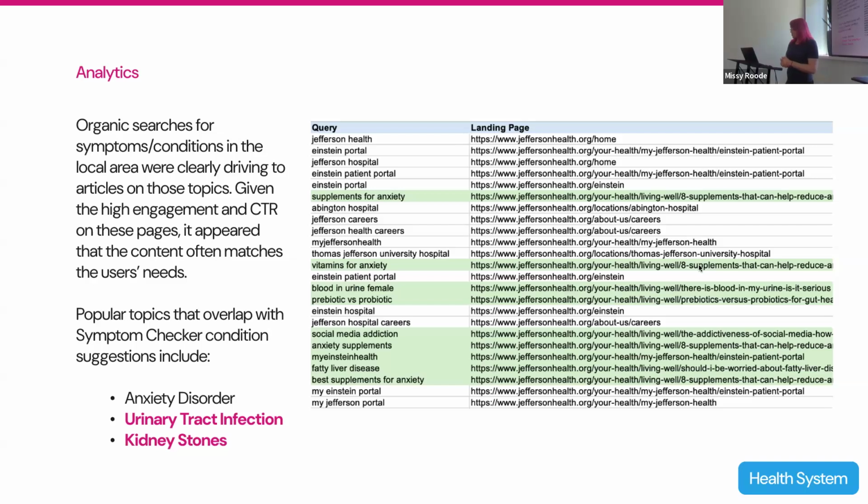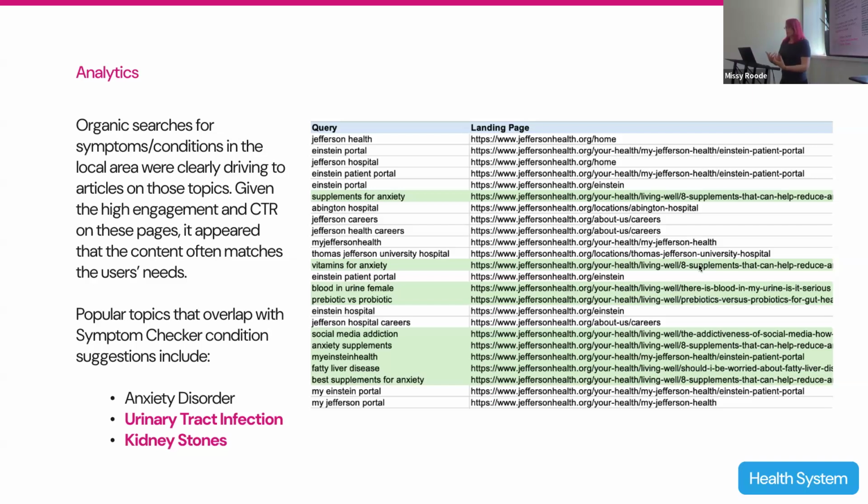So first we just popped into, again, don't look at any of the symptom checker stuff to start off with, just overall traffic to the site, look for where people are coming in. And what we found was, when people searched for symptoms or conditions that would be a good candidate for the symptom checker, they were landing almost exclusively on article pages. It was an article about, hey, if you have this symptom, here's what it might be.